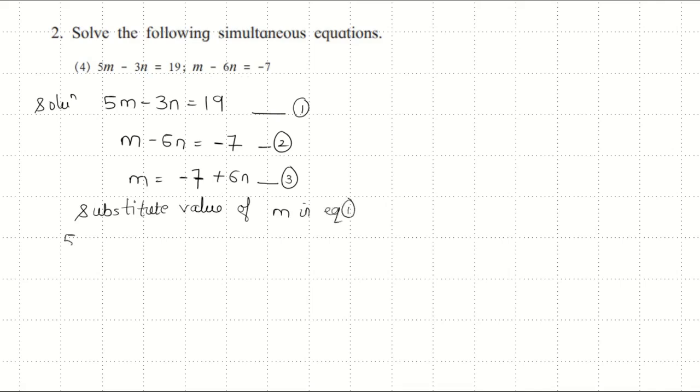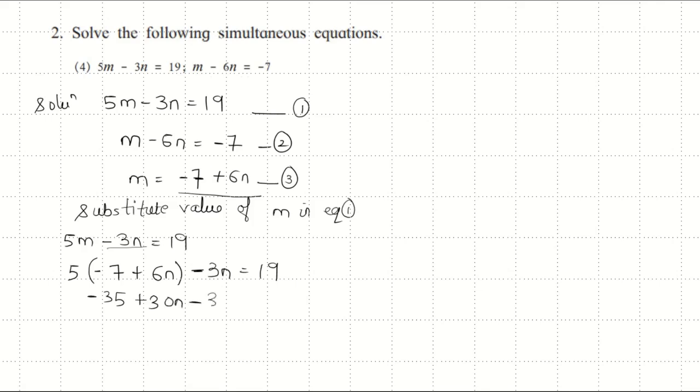First equation is 5m minus 3n is equal to 19. 5 into the value of m, minus 7 plus 6n, minus 3n is equal to 19. So 5 into minus 7 is minus 35, plus into plus is plus, 5 6s are 30n, minus 3n is equal to 19.